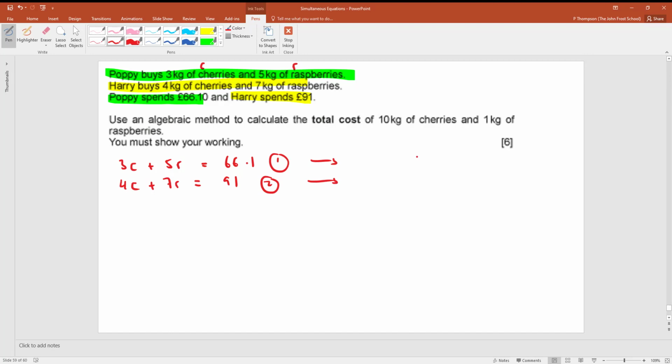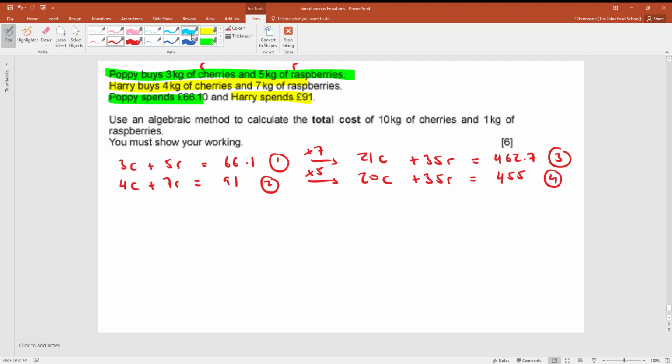To match the R's up, I went for 35 because 35 is the smallest number in the 7 times table and the 5 times table. So top equation, I times by 7, and you get 21C plus 35R. Well, before, I forgot what the answer is though. It is going to be 462.7, which looks scary, but remember with a calculator, no biggie. For that equation 3, this one times by 5, 20C plus 35R, I think that's 455.